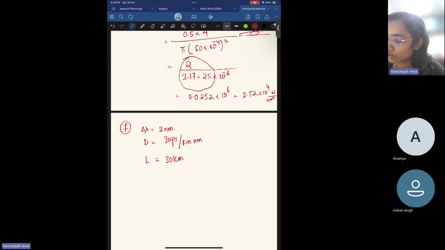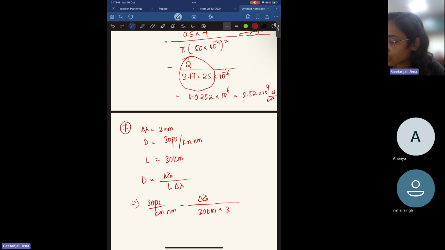So D, you already know, is delta tau divided by L into delta lambda. This is 30 picosecond per kilometer nanometer, and delta tau is what is asked. L is given, and 3 nanometer is also given.